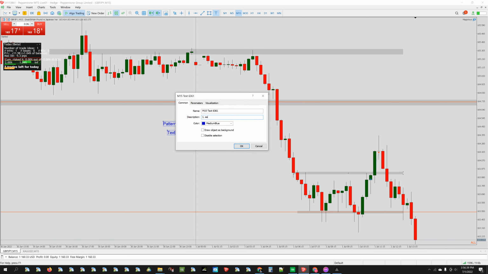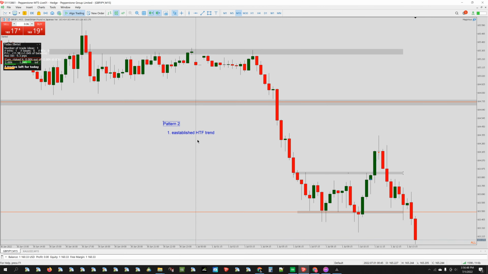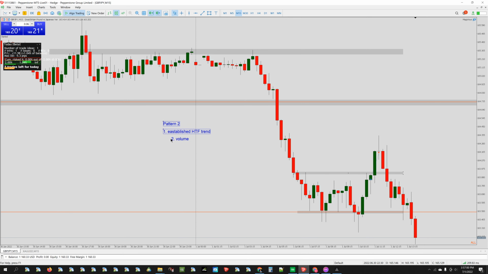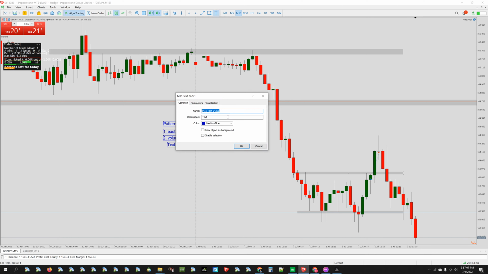Number 1, an established higher time frame trend. The second thing we need is volume. All my 3 patterns require volume, else the pattern will not work. The third thing is fake out.